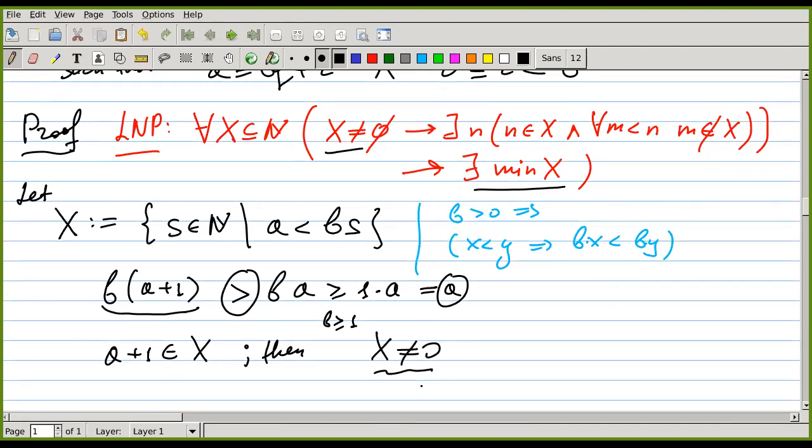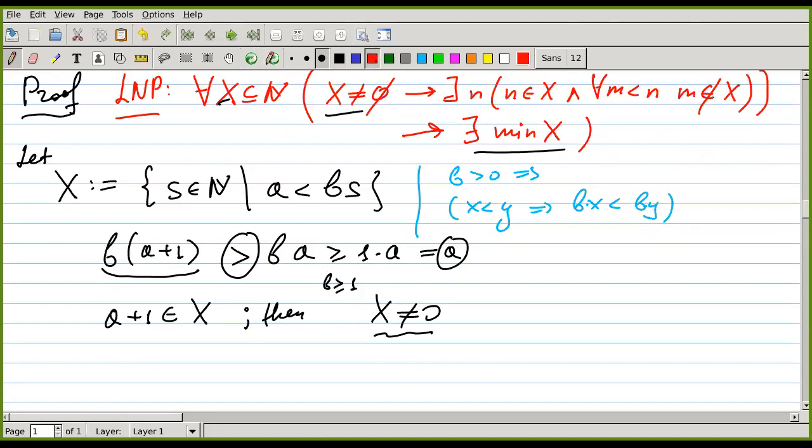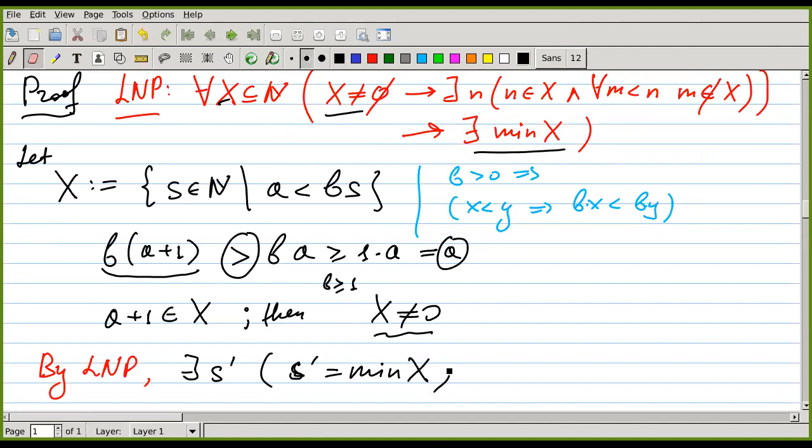And if X is not empty, we can apply the least number principle and take the least number in X. By the least number principle, there exists some s prime, so that s prime is the least possible element in X. It is the least number with the following property: a is less than b multiplied by such number.